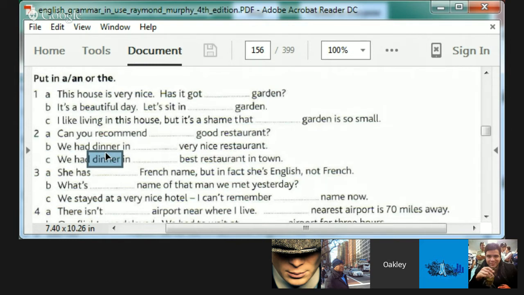You're talking about a specific one. You're talking about the very specific meal, not just the concept of you ate. So you're changing the meaning slightly. You could even use a definite article: the dinner was delicious.